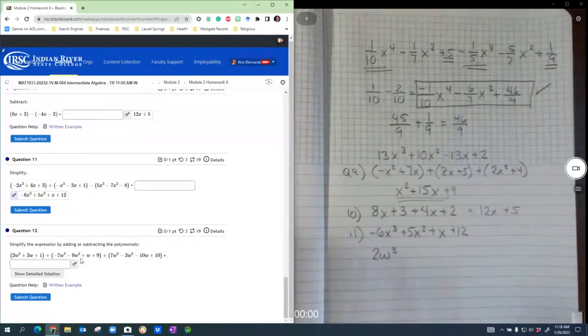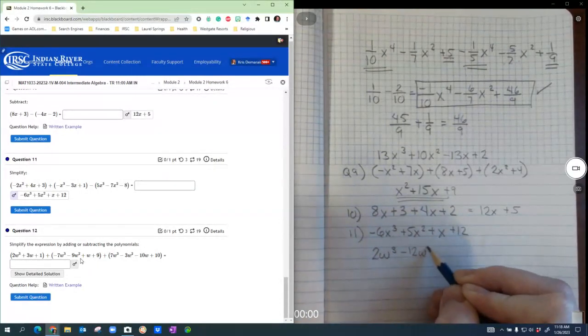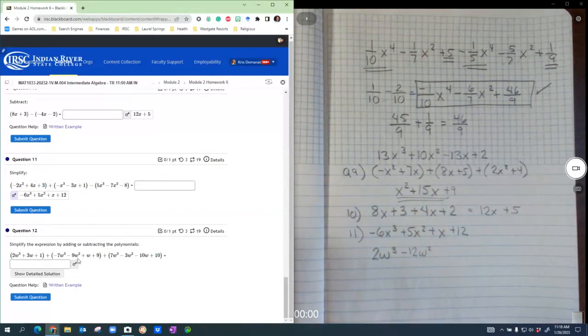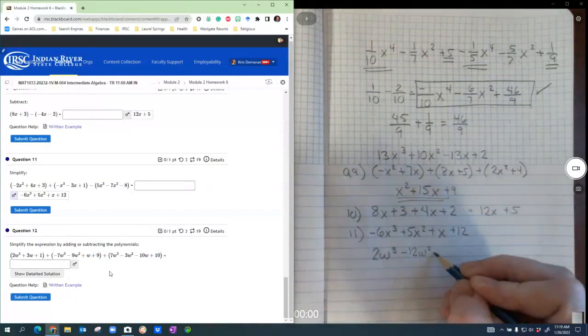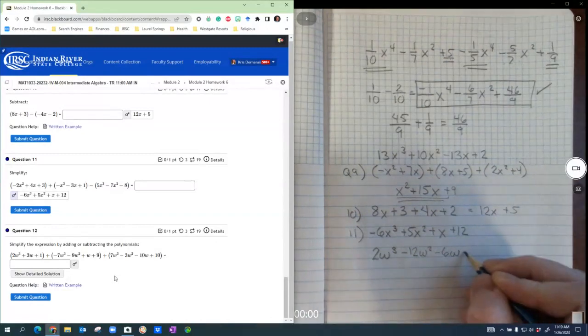So -9 plus -3 is -12w squared. And then I have 3w here plus 1w. That's going to give me 4w. 4w minus 10w is going to give me -6w. And then I have 1 plus 9 is 10, plus 10 is 20.